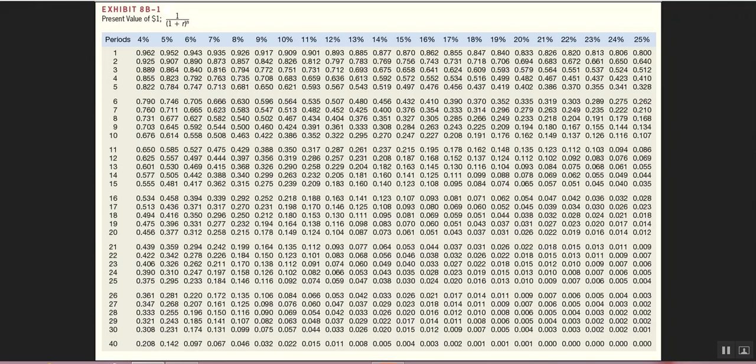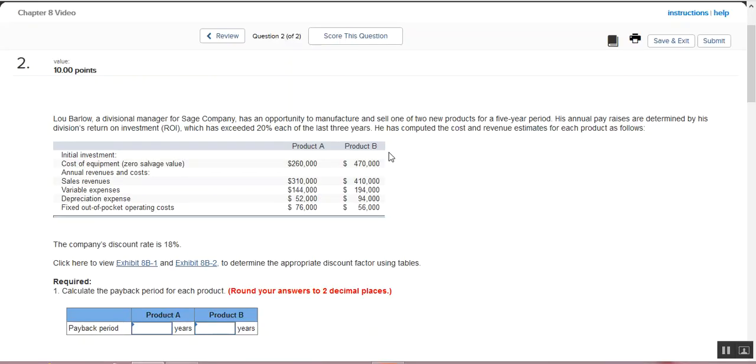So we've got to find the discount factor for each of the time periods that we're looking at. So let's look at year 1. When we look at our periods of time, we're going to go down to the period of 1. And I forgot what the percentage was we're looking at, so let's go back over here.